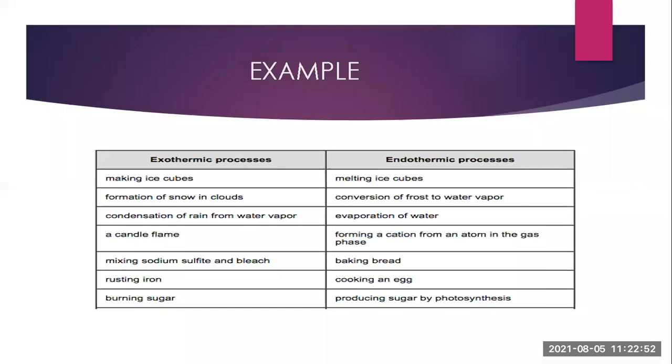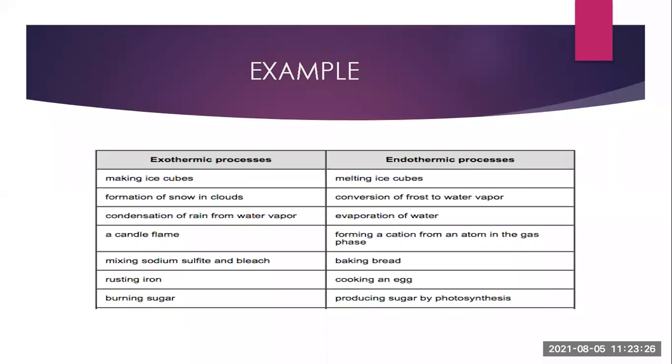The molecules form a strong bond between them, heat energy is released, and we get the ice cubes. Whereas in melting, what happens when you take the ice tray out of the freezer? Melting starts, which means breaking of the bonds takes place. Melting of the cubes is an example of an endothermic process. That means it is gaining heat energy. That's why it melts.